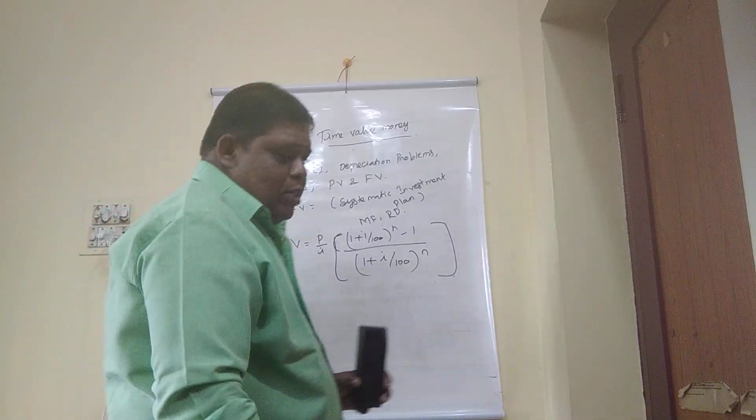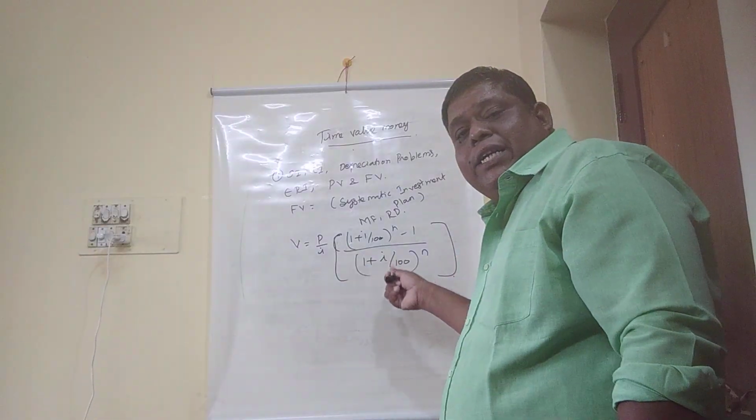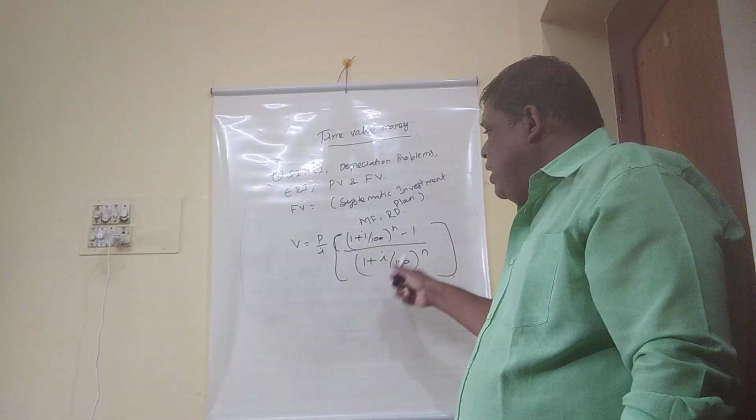Compared to the future value formula, in the present value formula we have added a denominator term, (1 plus I divided by 100) whole to the power n.